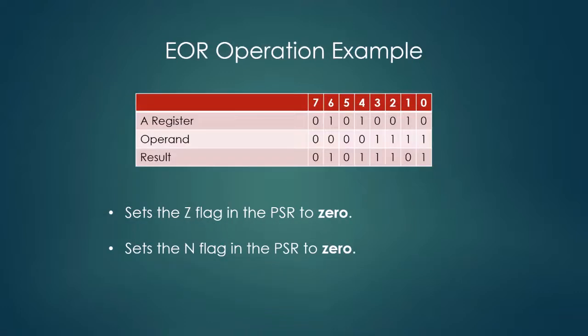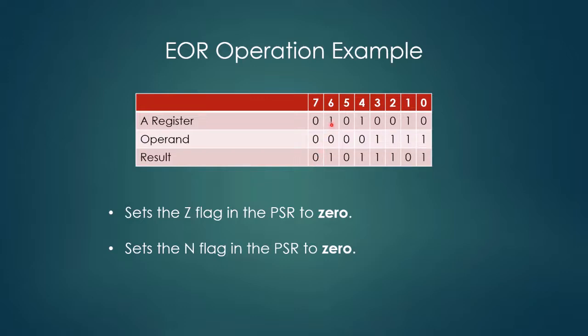In this slide, we look at the exclusive OR operation. The value in the A register is depicted here. Here's the operand, and here is the result. As you can see, if the bits are the same between the A register and the operand, the result is 0.